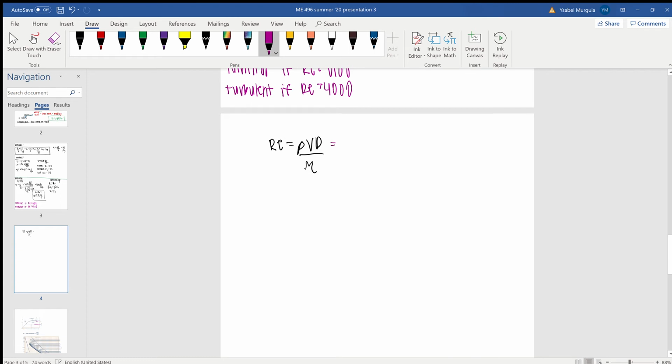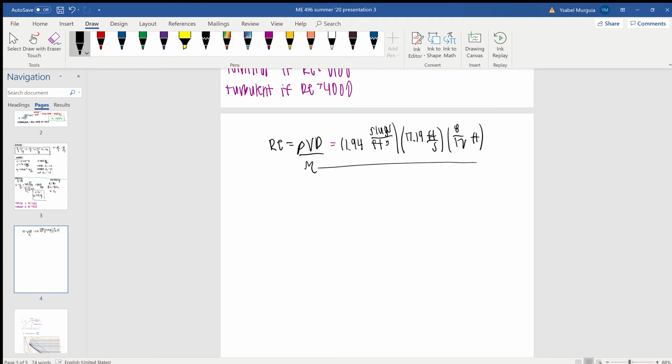So solving through, we have rho is 1.94 slugs per foot cubed. My velocity is 17.19 foot per second, which I found earlier. My diameter, again, divided by 12 to make it in feet, 8 over 12 feet.